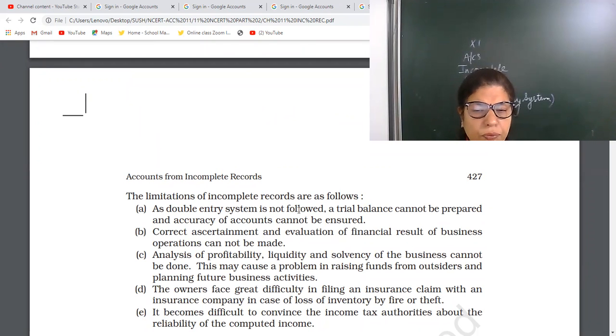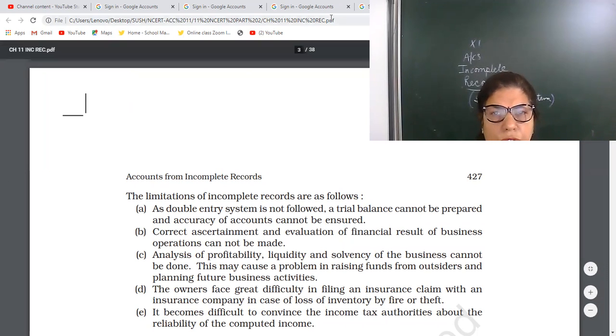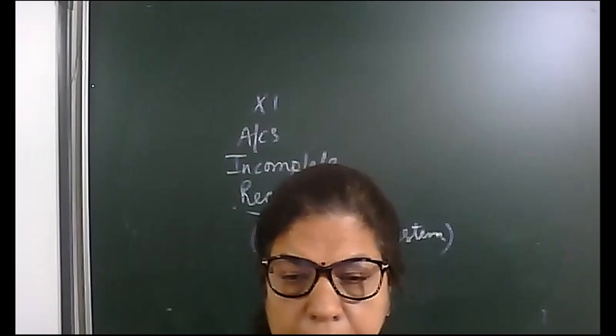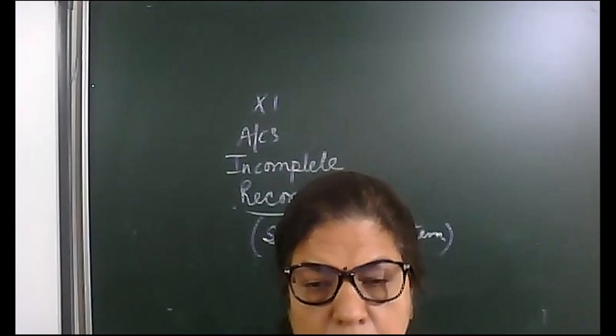At the time of an insurance claim, the insurance company will deny the claim because they don't have an accurate amount of stock, and the income tax authority will also not accept single entry or incomplete records because these accounts are not reliable. So today we completed the theory part of this chapter, and in the next class I'll tell you about the numerical.